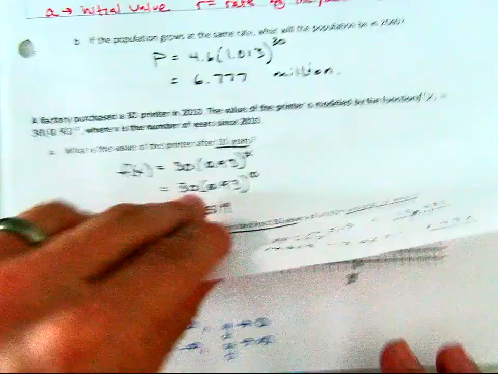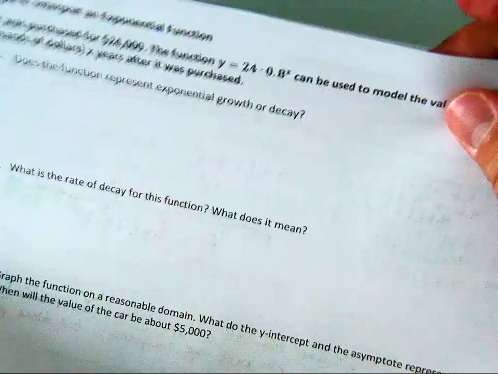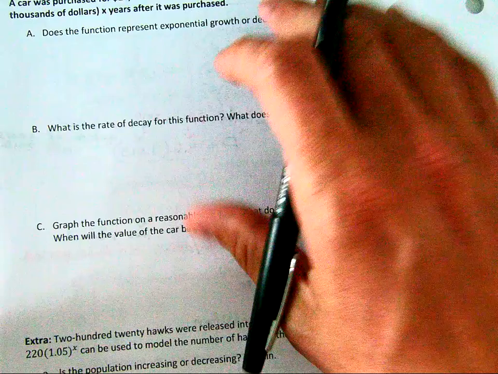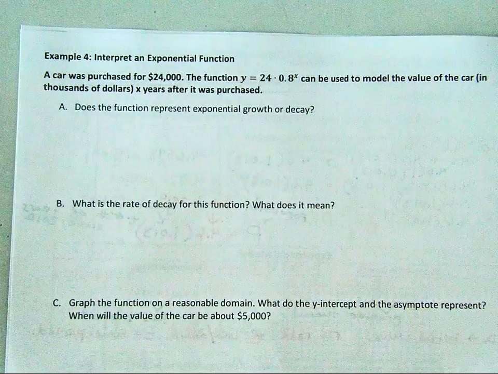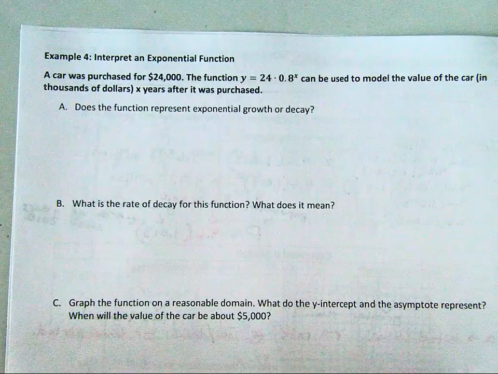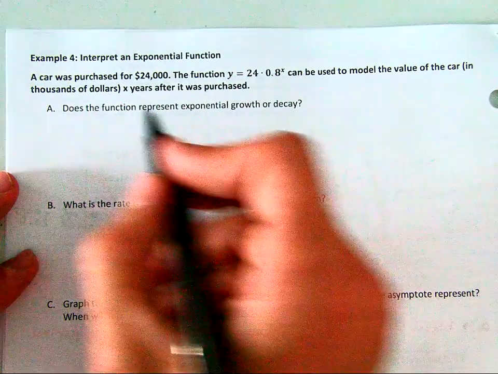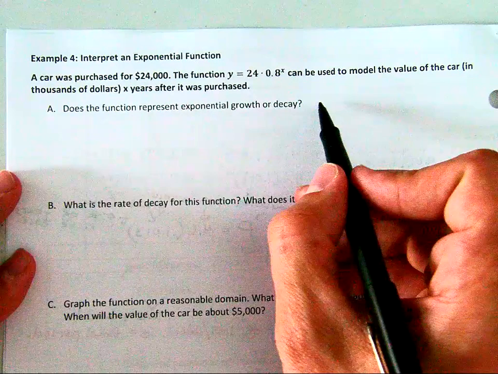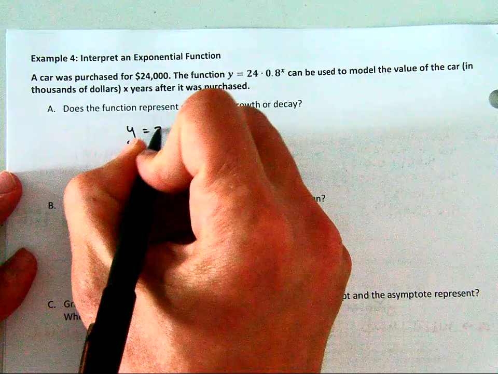Example 4 says a car was purchased for $24,000. The function y equals 24 times 0.8 to the x can be used to model the value of the car in thousands of dollars x years after it was purchased. Does the function represent exponential growth or decay? 0.8 to the x. So this value right here, 24, represents the initial value.